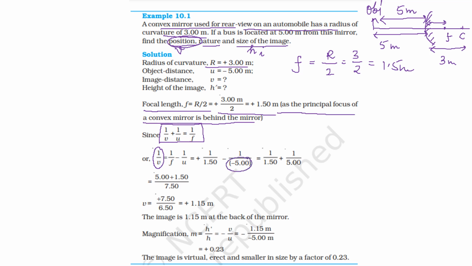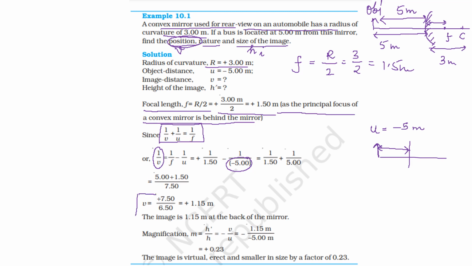So don't get confused here. All objects, generally the distance of object always has a negative sign because it is on the negative x-axis. So whenever u is given, you have to write it with a minus sign. So u here will be minus 5 meter.